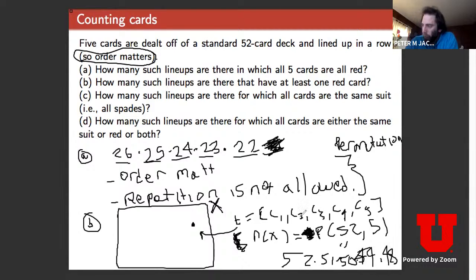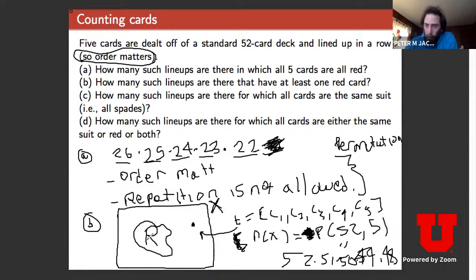All right. Okay. So now we're going to use that the opposite of having at least 1 red card is having no red cards. Here's a set, and this is the set of points in this space X where at least one of the cards is red. So let's just denote this by set R. And we want to know what the size of set R is.